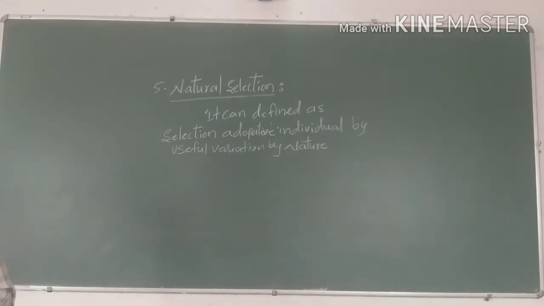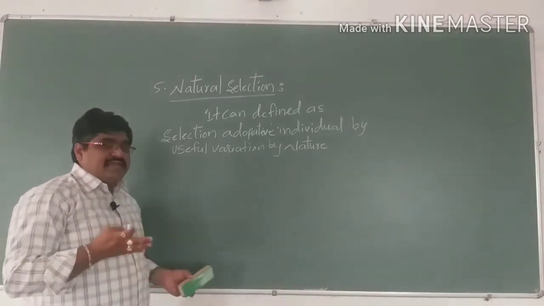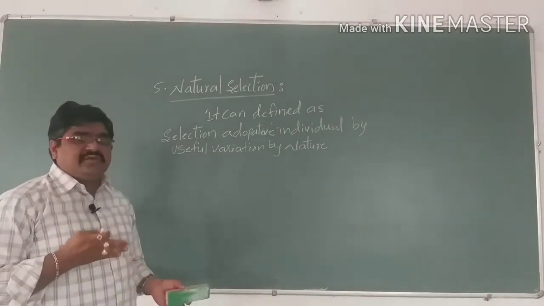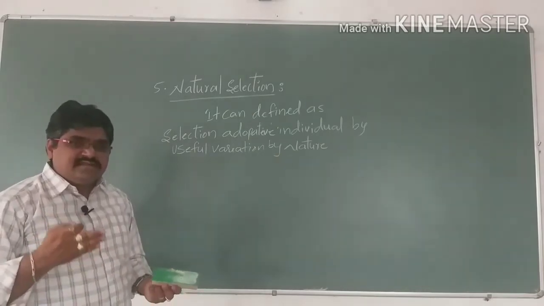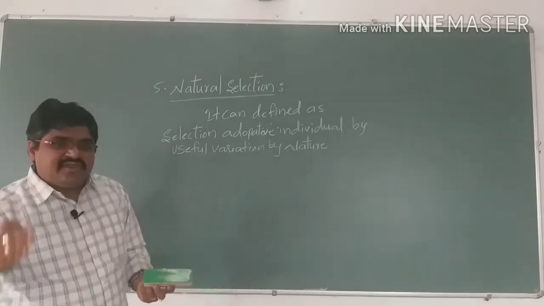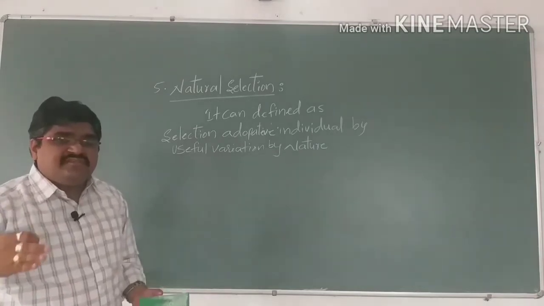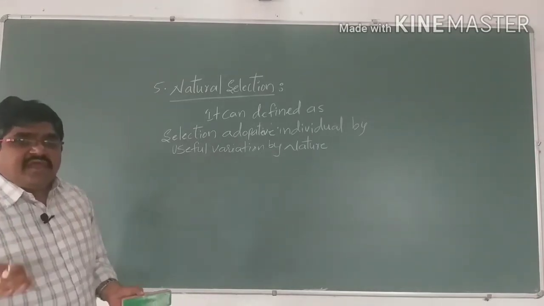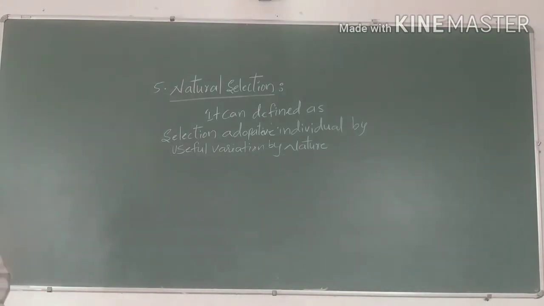So in natural selection, the new genes present in individuals are transmitted from generation to generation, which helps produce a new variety of species.